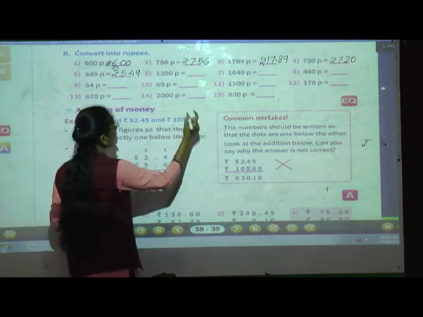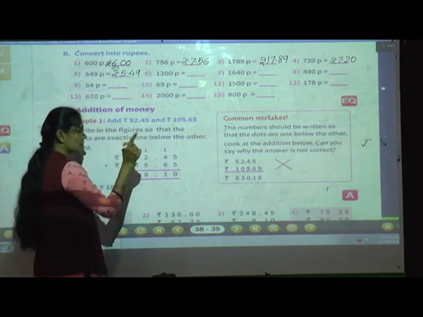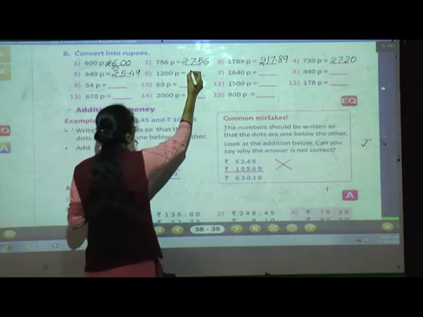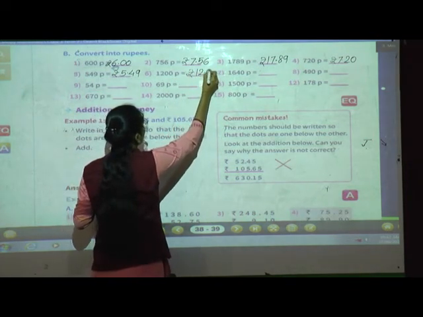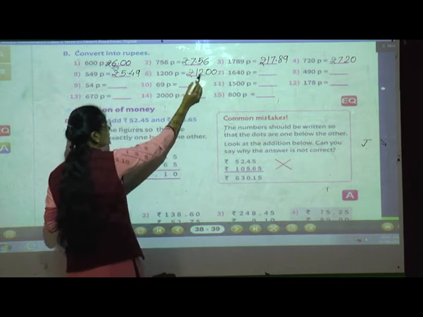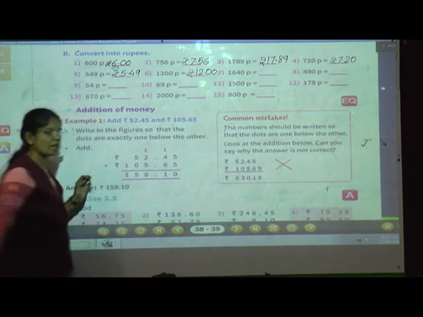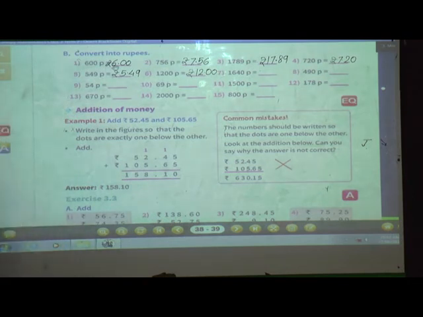Or else you can do it the same way from the right side: before the second digit you have to put a dot. So here 1200 paise means rupees 12.00. Before the second digit means before 0 we have to give a dot. So the answer is rupees 12.